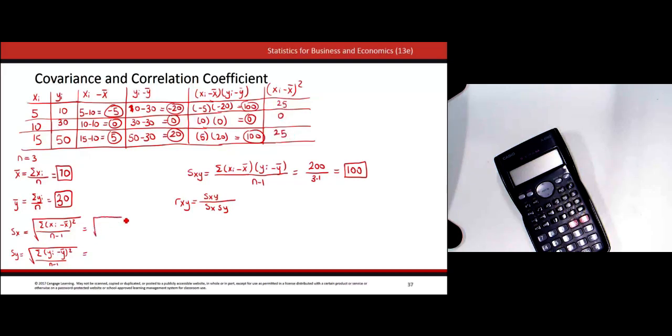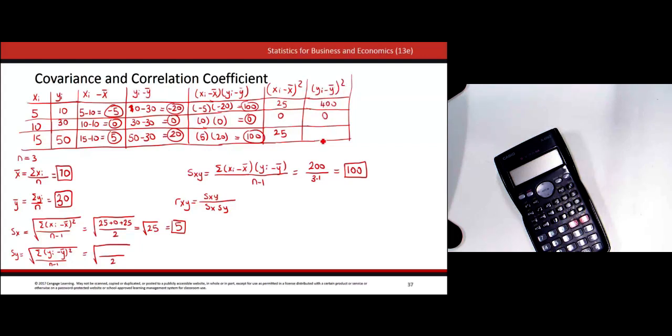So this is equal to 50 divided by 2, the square root of 25, which is just 5. Now same thing for yi minus y bar squared. We already have the yi minus y bars, and we square those.